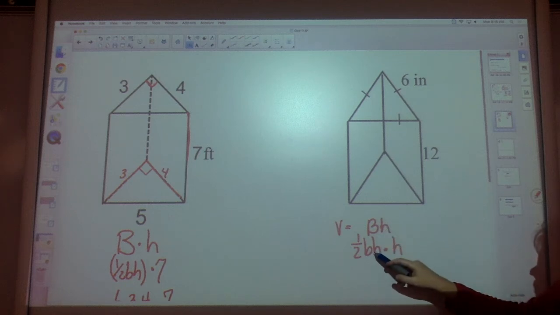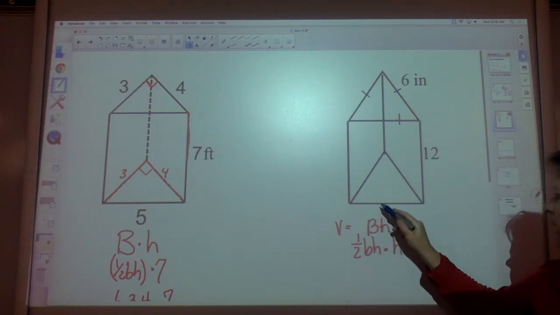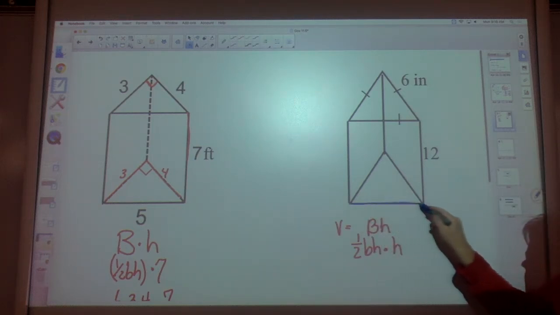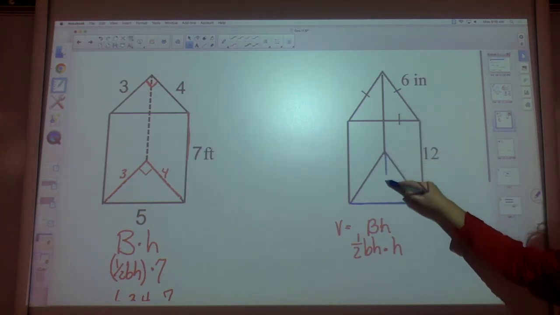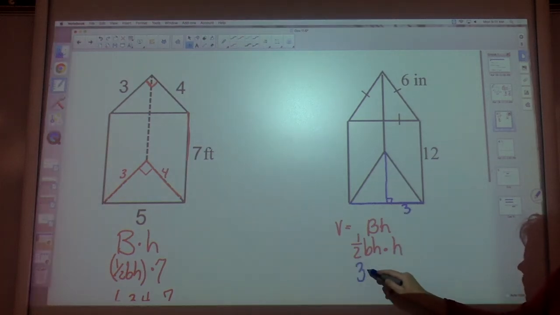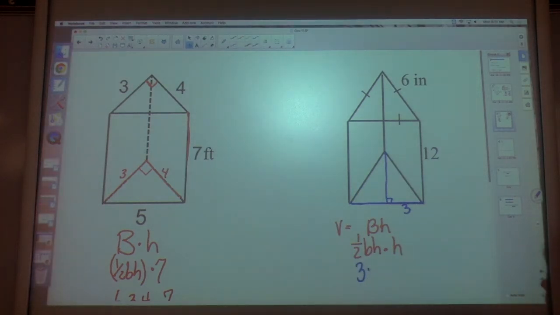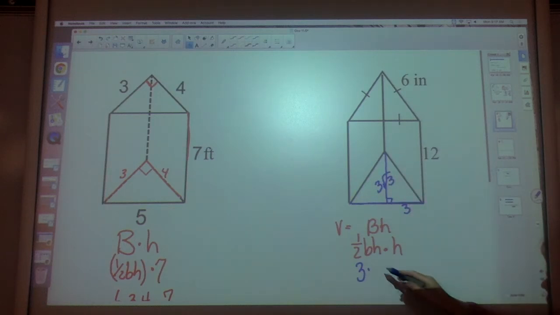But our capital B is 1/2 base times height because it's an equilateral triangle. We know the base of this guy is 6 because it's 6 by 6 by 6. We know that half of its base is 3. Half the base is 3. The height of this triangle, it's a 30, 60, 90, is 3 square root of 3.